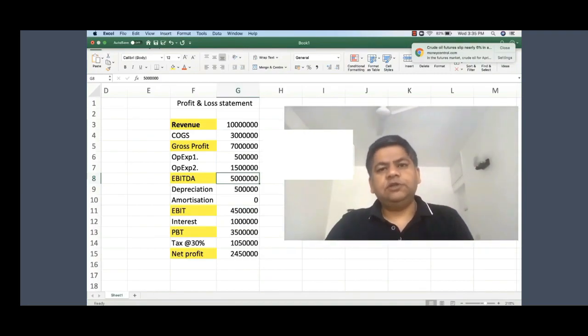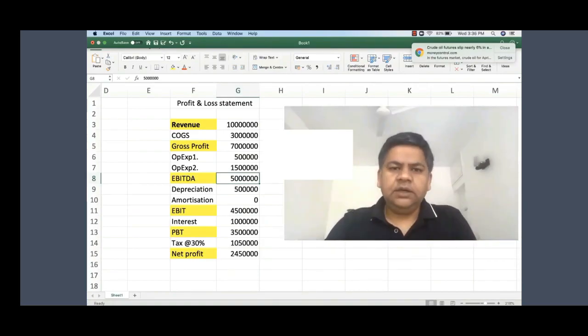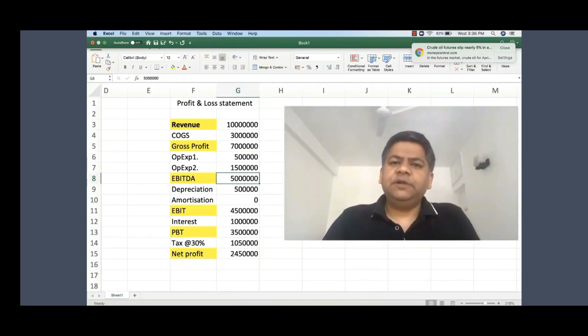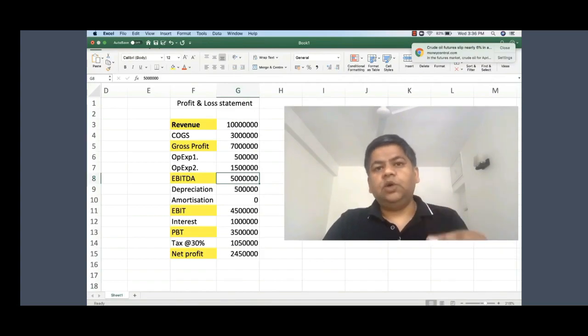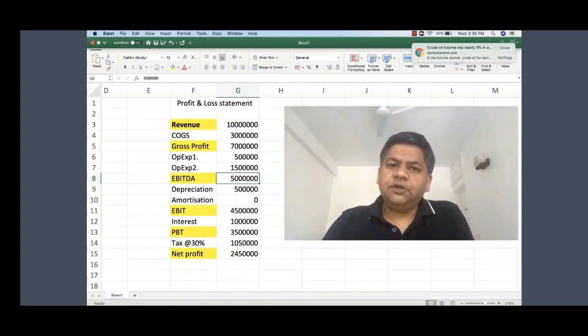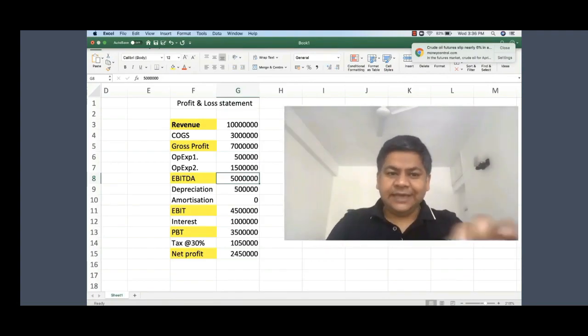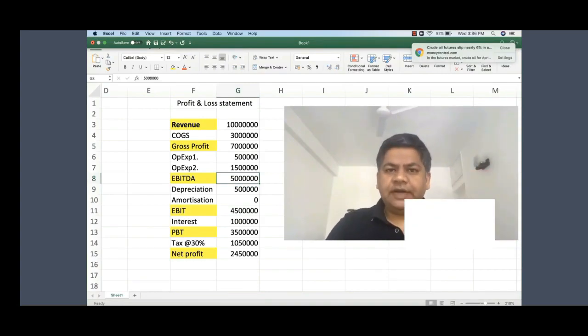So again, this class will be divided into two parts. This is part one, where we will just focus on this sheet and learn some basic concepts: how exactly a profit and loss statement looks like and what the different terminologies of a profit and loss statement are. Then also why we have divided so many different segments to report profit at different levels, why we are defining the profit at different levels.